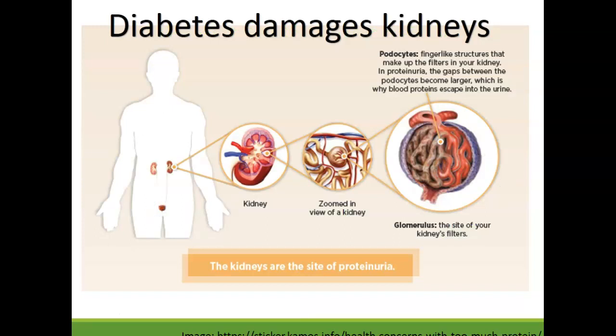Diabetes damages kidneys. Whether somebody is well controlled or not, over time, diabetes or the hyperglycemia will cause some damage to the kidneys themselves. The glomerulus, the site of the filters, is where the damage occurs, hence why protein does not get reabsorbed in the body and spills over into the urine.